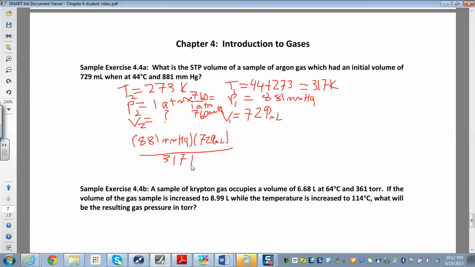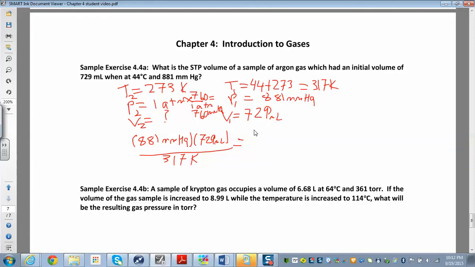The only unit that is set is Kelvin. Temperature has to be in Kelvin or this is not going to work. Volume doesn't matter if it's milliliters or liters, but if this is in milliliters, then this is going to be in milliliters. And your pressure, as long as they match, it doesn't matter what it is.